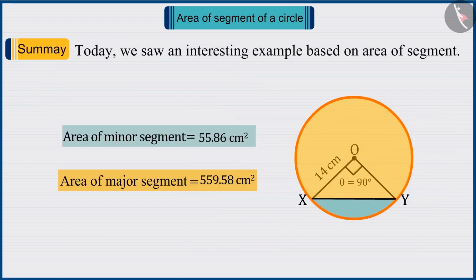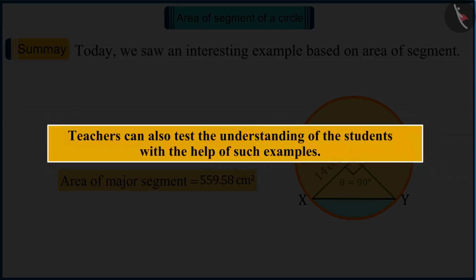So hopefully, you must have understood how we can solve these questions easily with the help of the segment area formula. Teachers can also test the understanding of the students with the help of such examples.